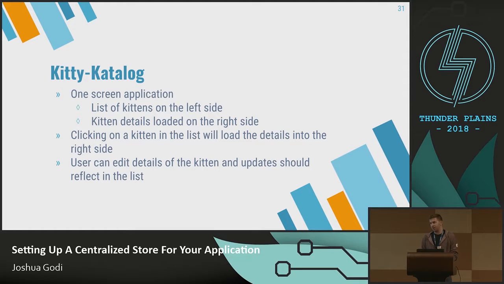And now my project manager also says, hey, I need this thing called the Kitty Catalog, which is just a one-screen application where on the left side, it's a list of all the kittens. And on the right side, as we click on a cat, it loads some details, like a header component that has the name, and then a bio component that has all of the breed and age information, and the pictures and stuff.